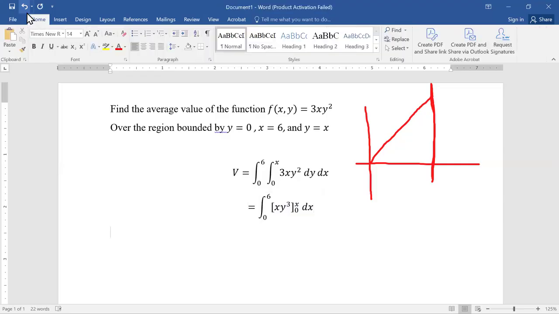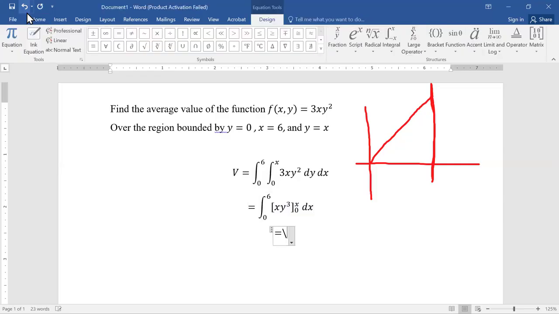When I plug in x, I get x to the fourth. X times x to the third is x to the fourth. When I plug in 0, I get 0.